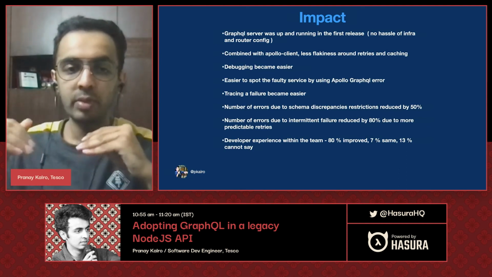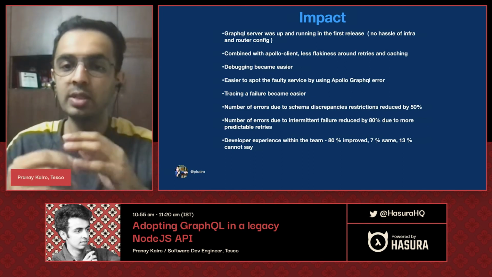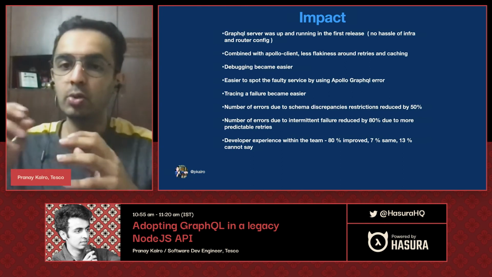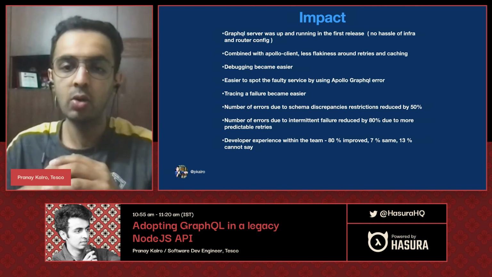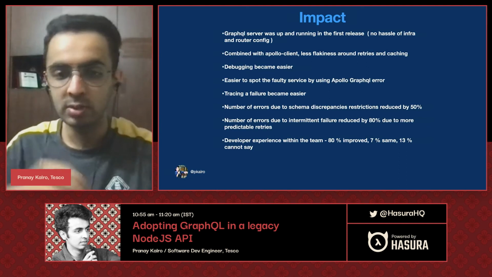And also the number of errors that came down due to intermittent failure. These happen obviously when you have multiple microservices and you are hitting them, and for some reason a microservice fails during that call, and your actual response depends on 4 other microservices as well.